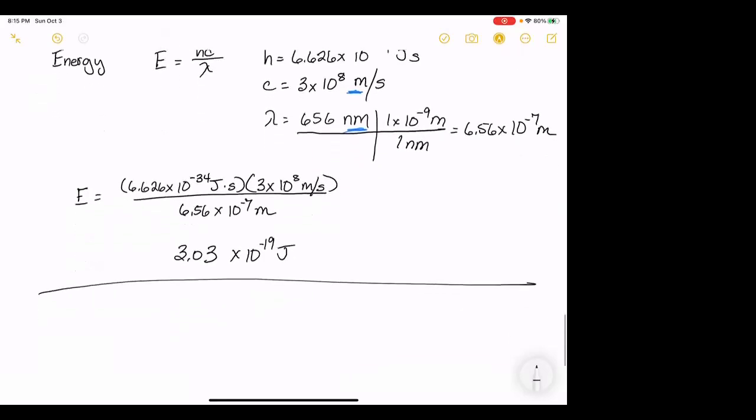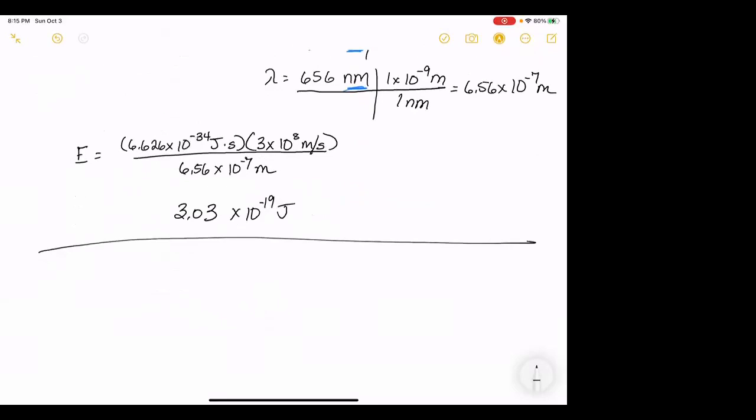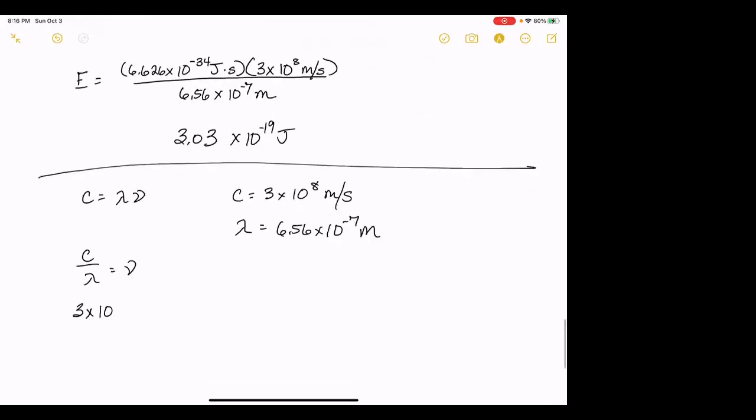For the last one, I think I said to convert between wavelength and frequency, we're going to do so using the speed of light. The speed of light is 3 times 10 to the 8 meters per second. So you're going to need your wavelength in meters, which we determined was 6.56 times 10 to the minus 7 meters. So c divided by the wavelength is equal to the frequency: 3 times 10 to the 8 meters per second, divided by 6.56 times 10 to the minus 7 meters is going to give us our frequency.